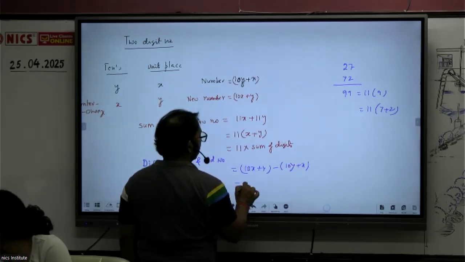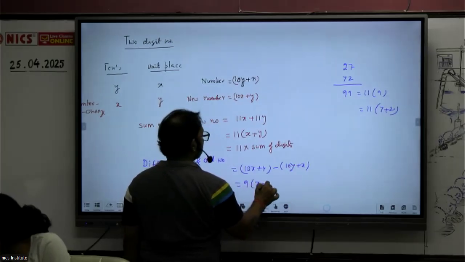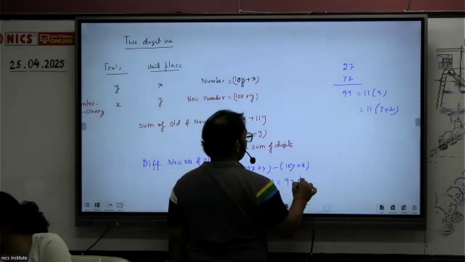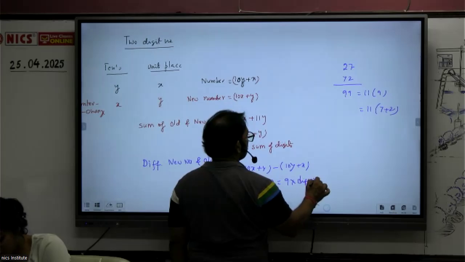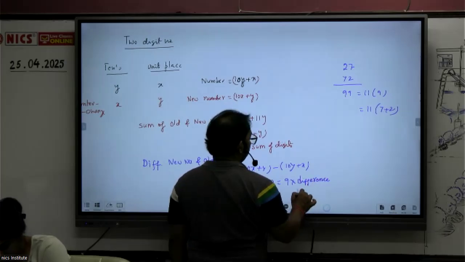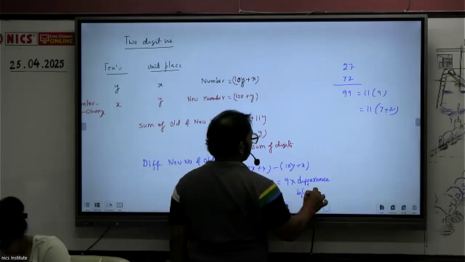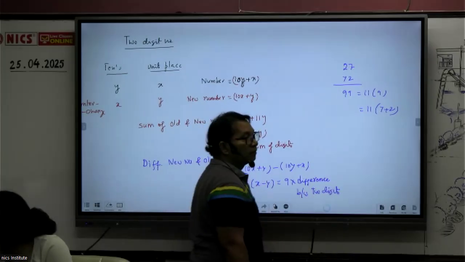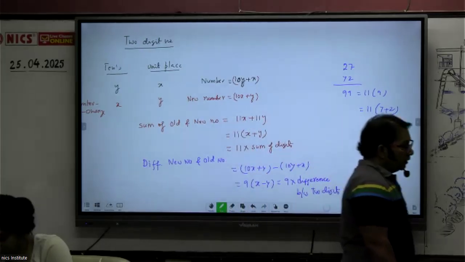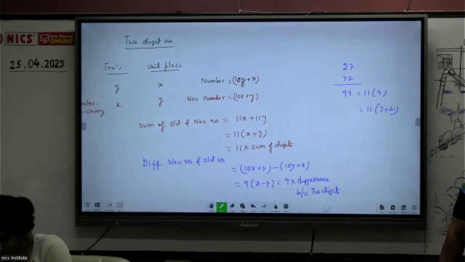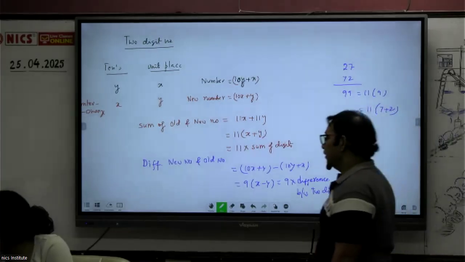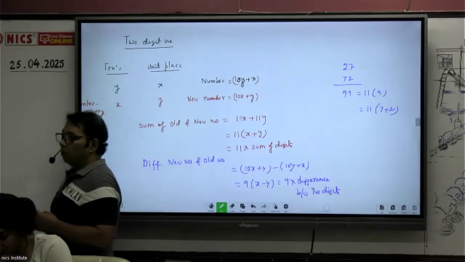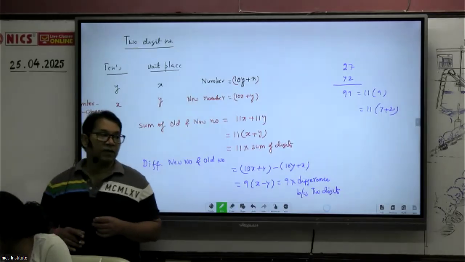So it will be 9 times x minus y. So it will always be 9 into the difference between two digits. So if you interchange digits in a two-digit number and find the difference of the old number and the new number, it will always be 9 times the difference of digits.